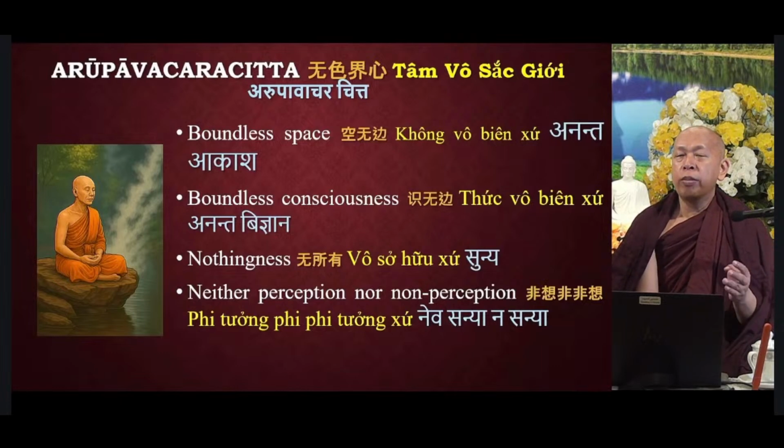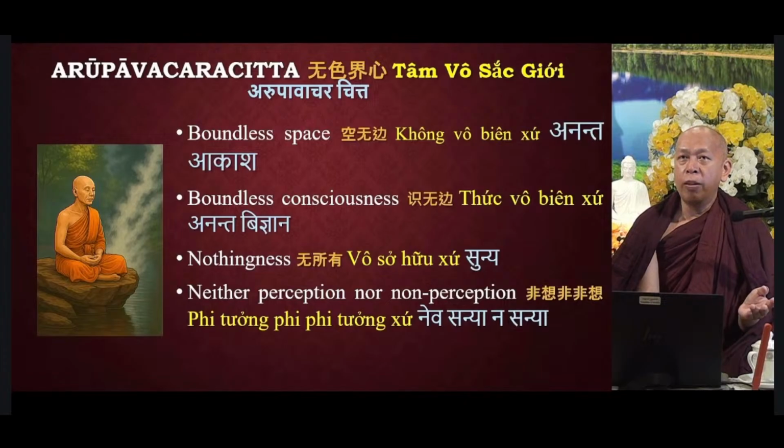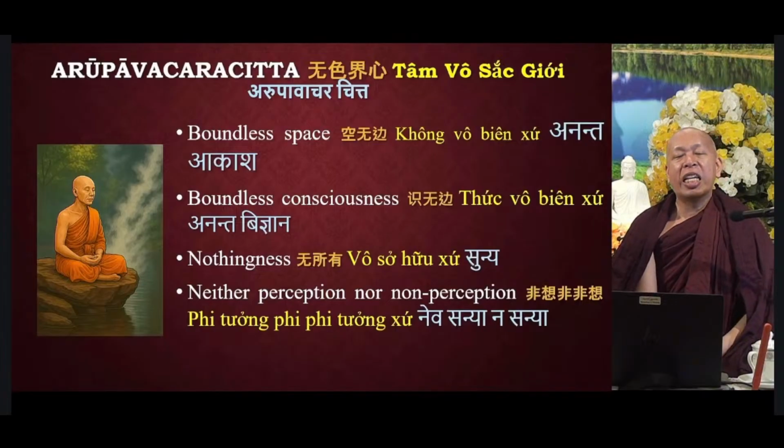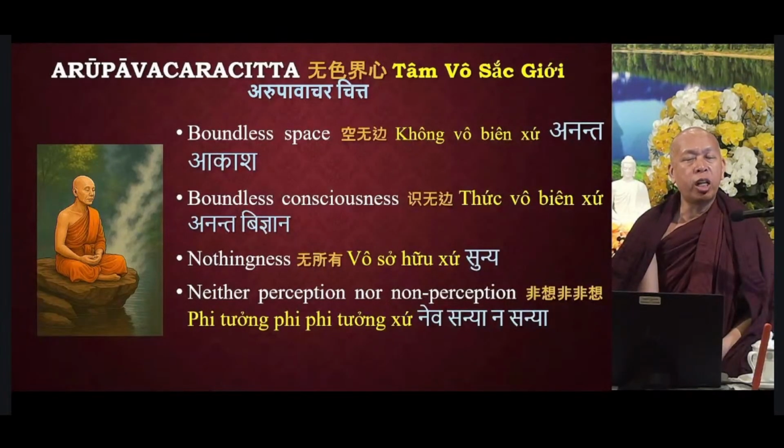So for ordinary people, Sotapanna, Sakadagami, Anagami, it will be wholesome immaterial jhana. If we can enter into this kind of jhana in our near-death moment, we can be reborn in the immaterial realms. At that time, it will be the resultant consciousness, rebirth-linking.